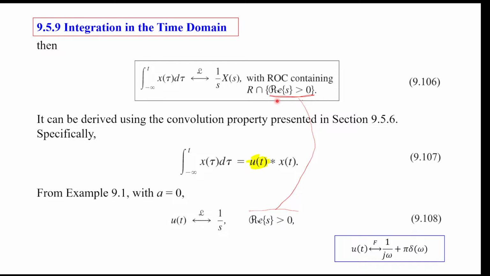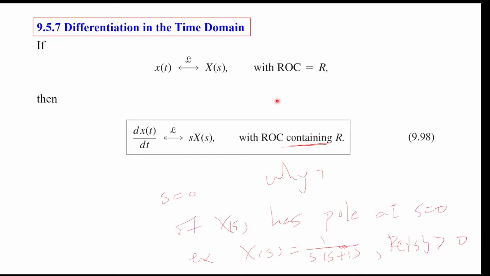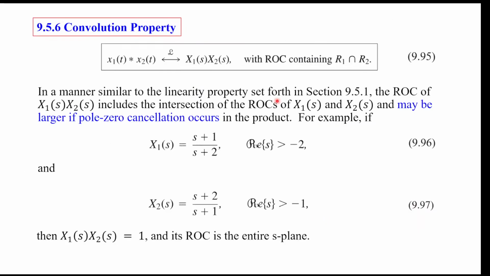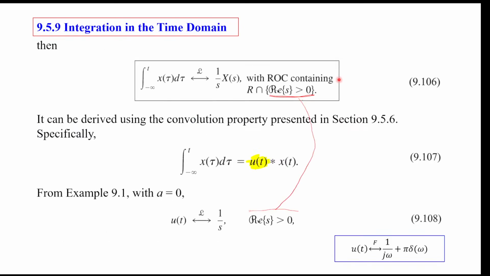So it's very similar to the convolution property in that its ROC contains the intersection of two ROCs. And the second ROC is the ROC for the unit step function.